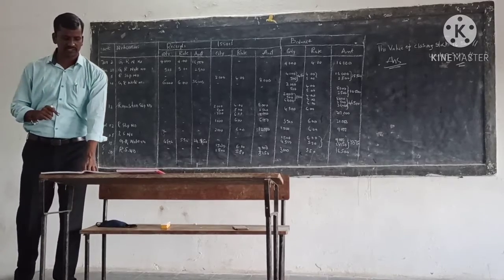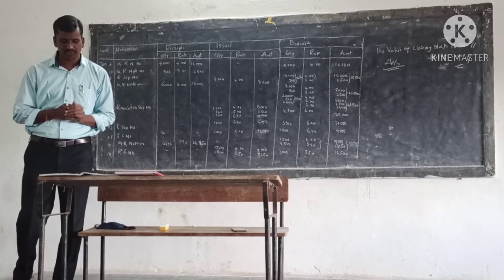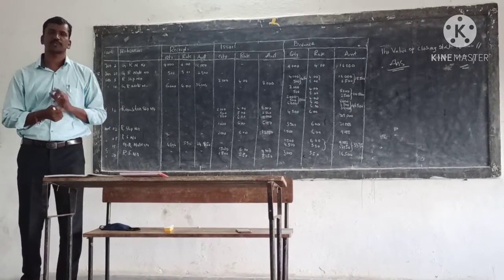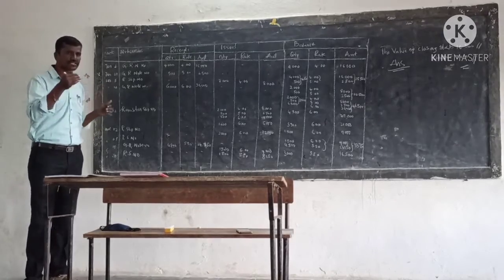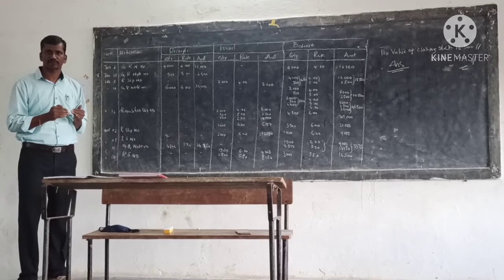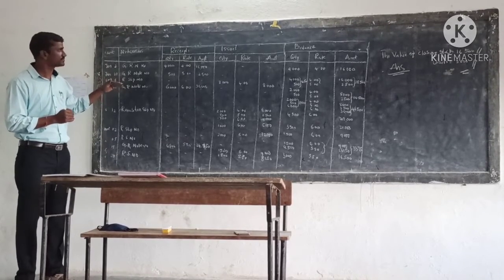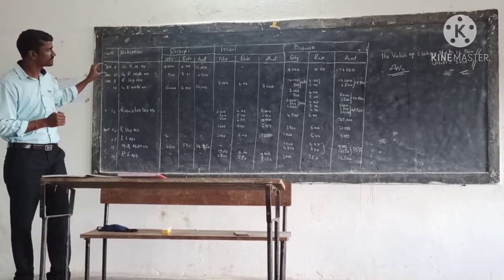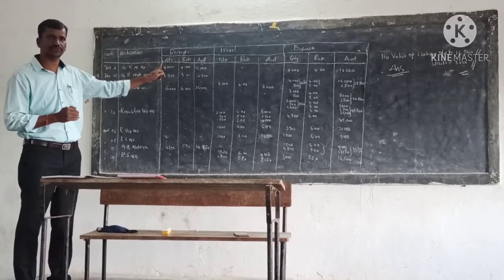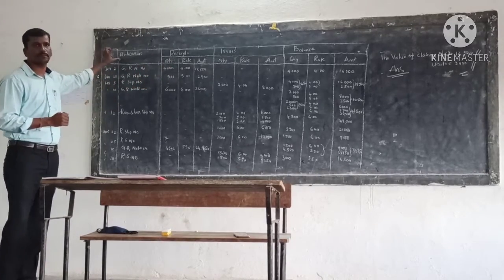So the given information is: January 2nd purchased 4,000 units at the rate of 4 rupees per unit. Whenever we receive goods, normally the store's ledger account consists of broadly 3 columns: receipts, issues, balance, and one more is date, particulars.